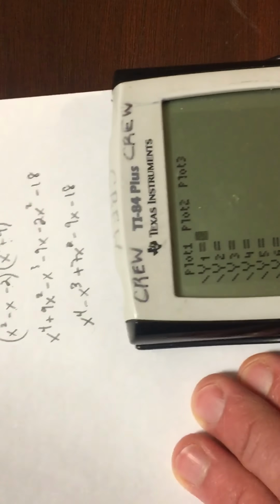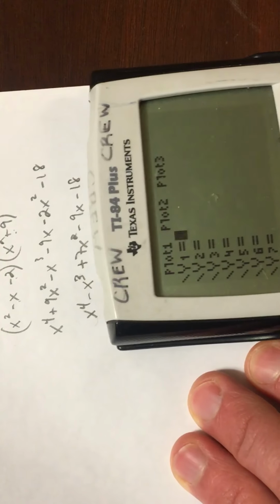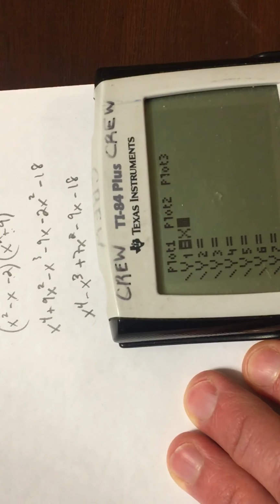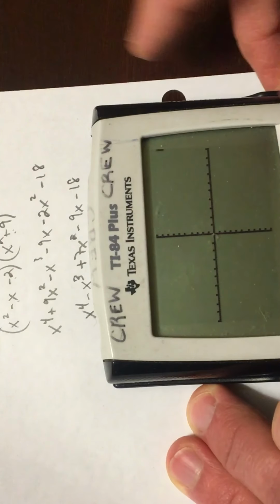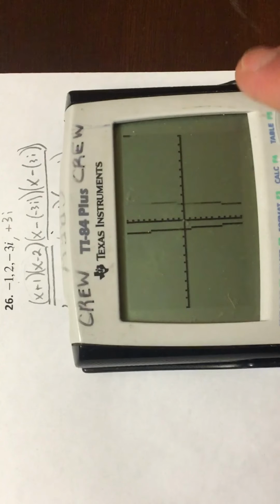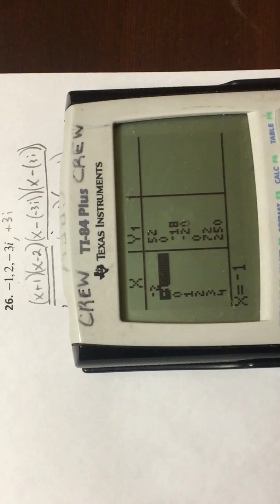And it is x to the 4th minus x to the 3rd plus 7x squared minus 9x minus 18. So graph. This should cross the x-axis at our originals at negative 1 and 2. So negative 1 and 2 sure looks like it. Negative 1 and 2, got proof.